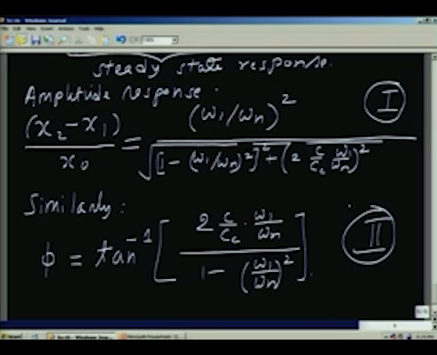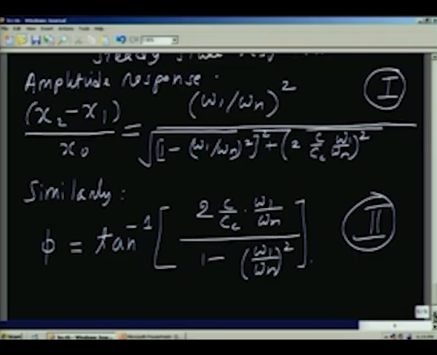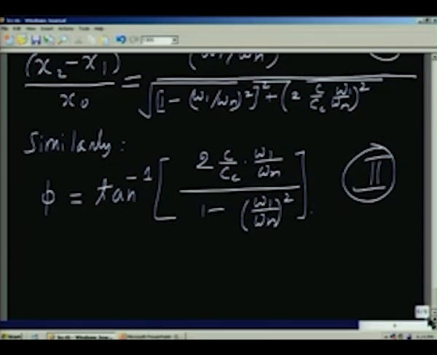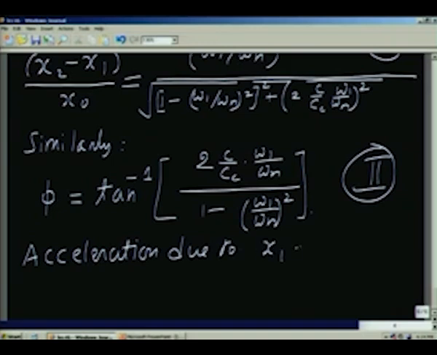And in fact, I am going to write another equation which is also useful. If you go back and see the acceleration due to x1, what is this? This is nothing but d squared x1 by dt squared, that is the acceleration of the table at any given instant of time because of the vibratory motion.